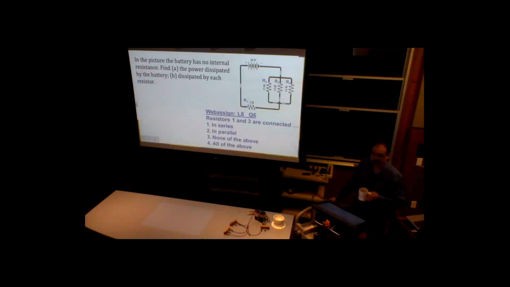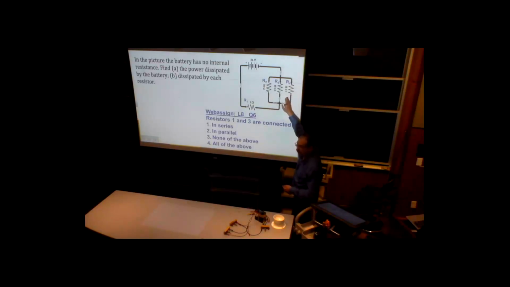It's about how we recognize the wiring. If you look at these 3 resistors, you can clearly see how they are connected, right? In parallel. That's for sure. But what about this and that? What do you say?